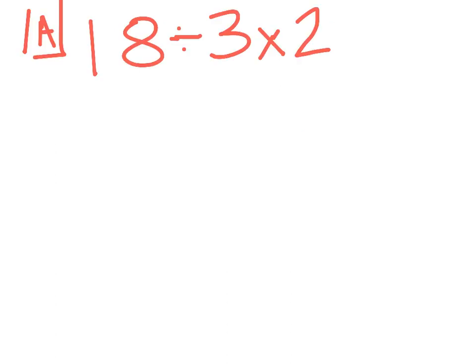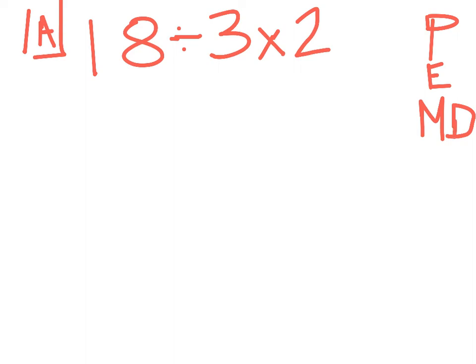Alright, so here we have example 1A, which is 18 divided by 3 times 2. Notice that there's no parentheses and there's no exponents, so we move straight to step 3, which is multiply and divide. Alright, so again, we do MD or DM, doesn't matter.